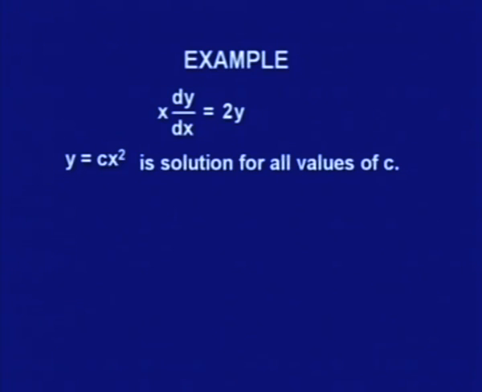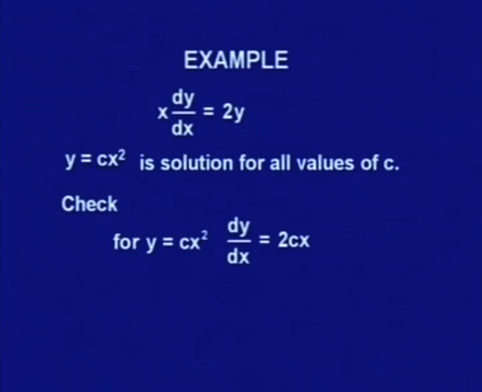We have just seen this example, that is x times dy over dx is equal to 2y. Now, let us see a little bit more. If I take this function c times x square, we can check that this is also a solution of this equation for all values of c. See, y is equal to cx square, then dy over dx will be 2 times cx.